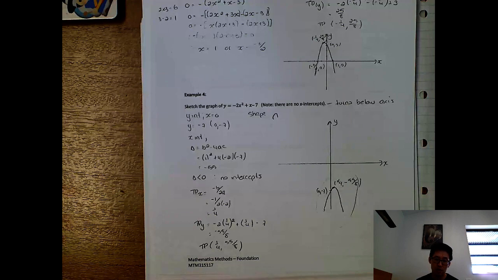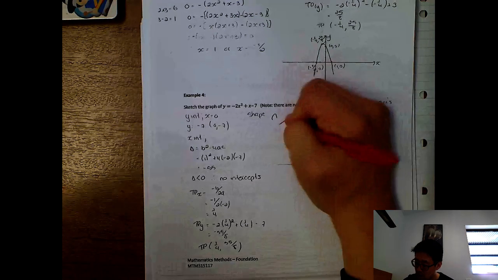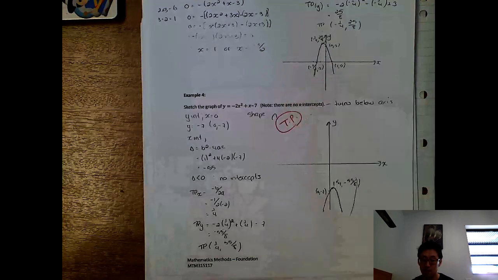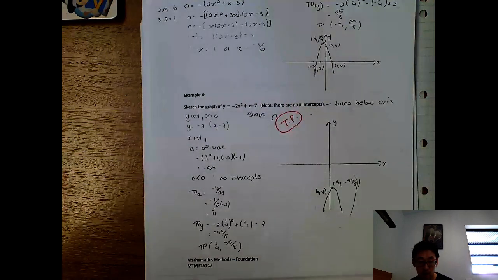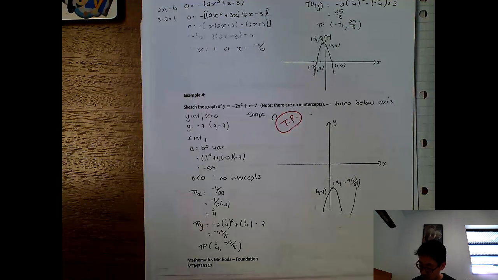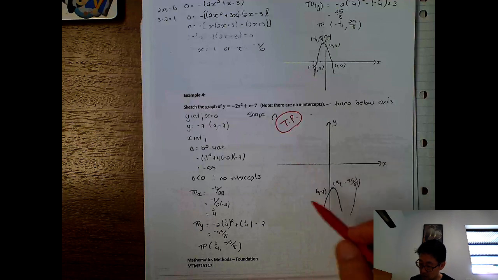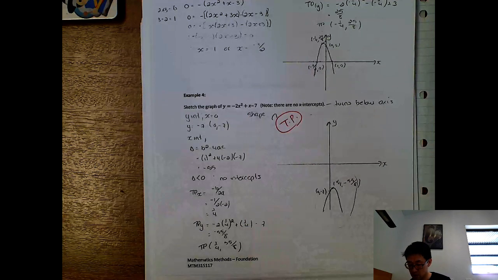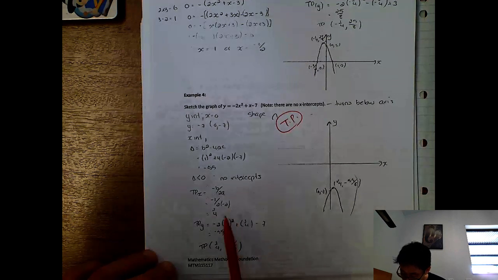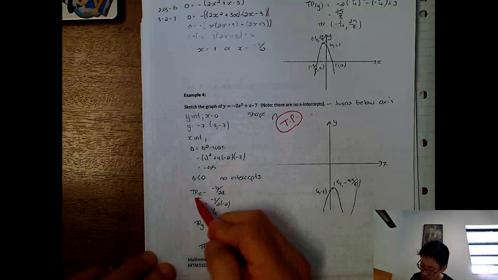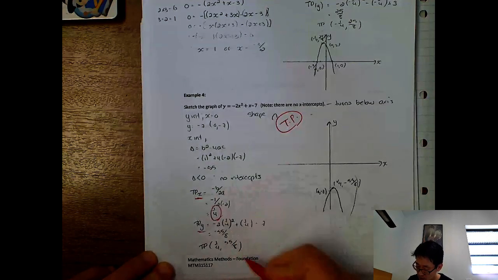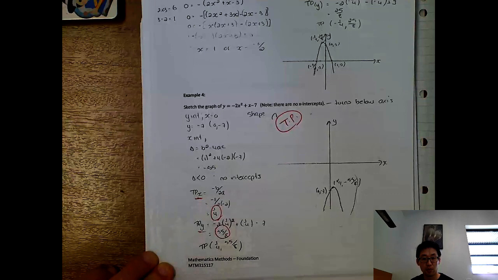But when I approach this question, I would probably get the turning point first, rather than the x or y intercept, because once you get the turning point, you can draw it. In this case, using the formula, you get the turning point x and y.